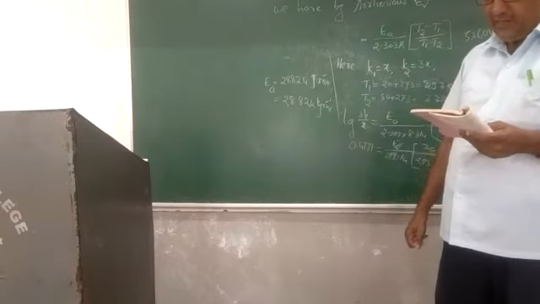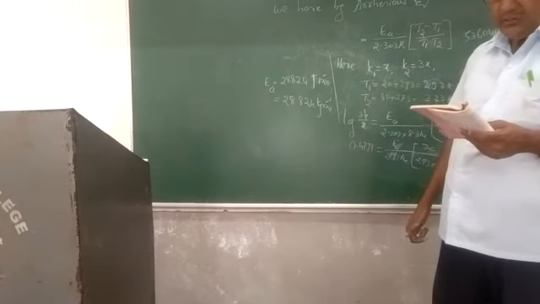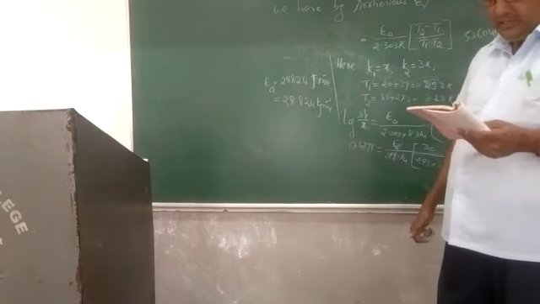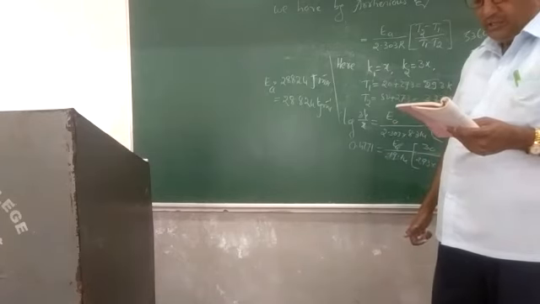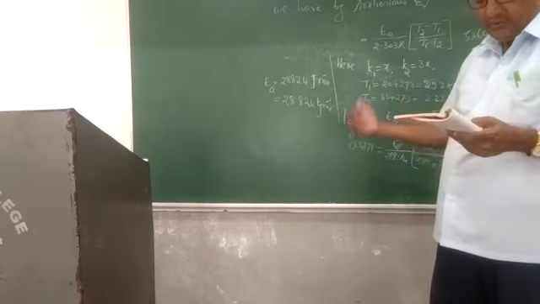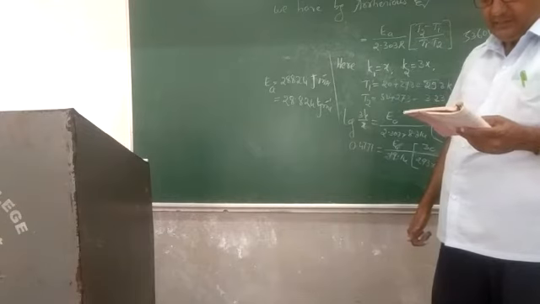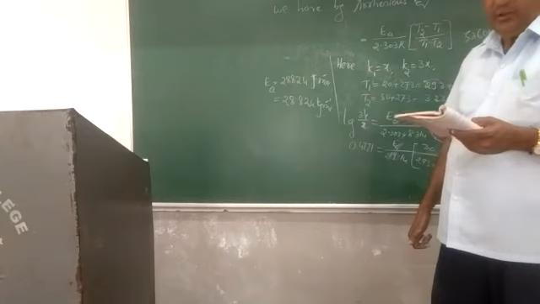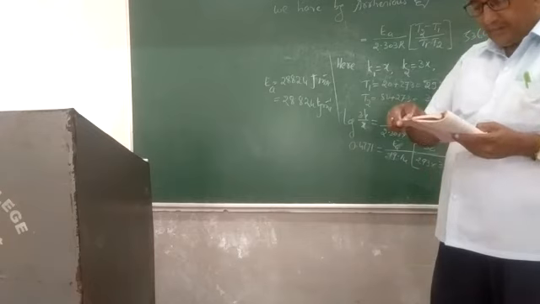Calculate the energy of activation. Here K1 is 3.20 into 10 to the power minus 4, K2 is 1.60 into 10 to the power minus 2. T1 is 600, T2 is 1200. Simplify and get the answer, Ea is 39,040 joule per mole. Okay.